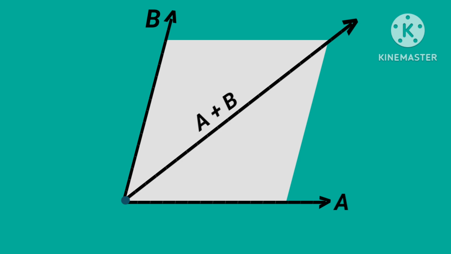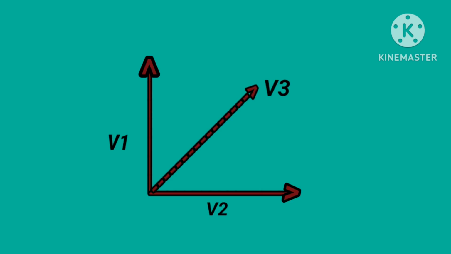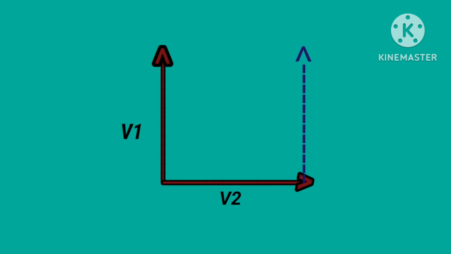Now let's get back to our example. Can you apply this law here to find the boat's actual velocity v3? For this, let's draw a line segment parallel to the vector v1 here and similarly a line segment parallel to vector v2 here. Since v1 and v2 are perpendicular to each other, we get a rectangle here.